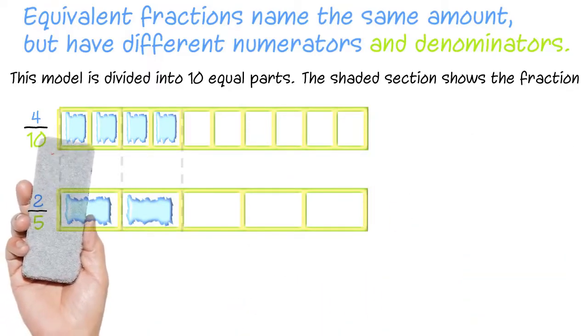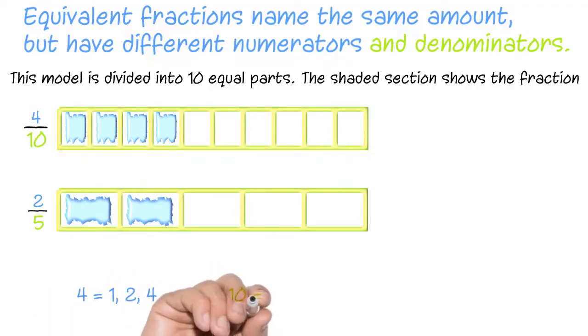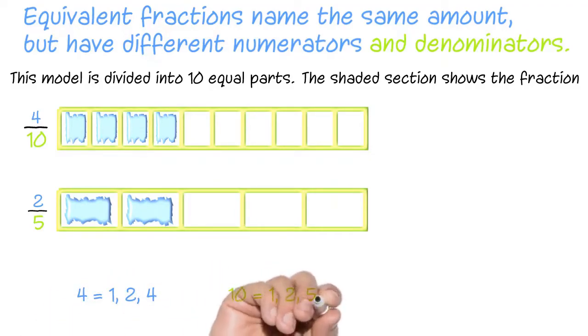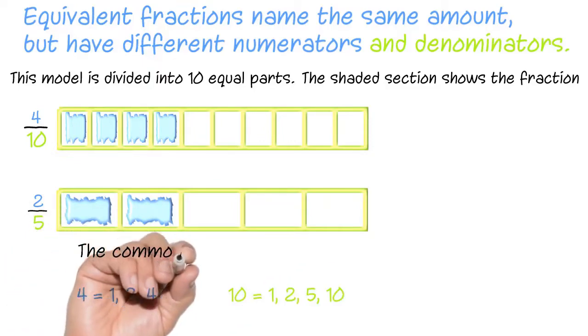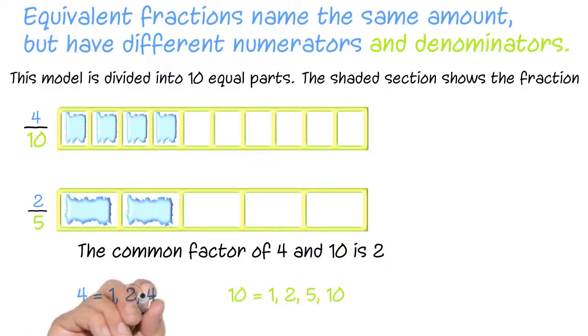In order to find the common factors of 4 and 10, we would list the factors of 4: 1, 2, 4, and the factors of 10: 1, 2, 5, and 10. The common factor of 4 and 10 is 2.